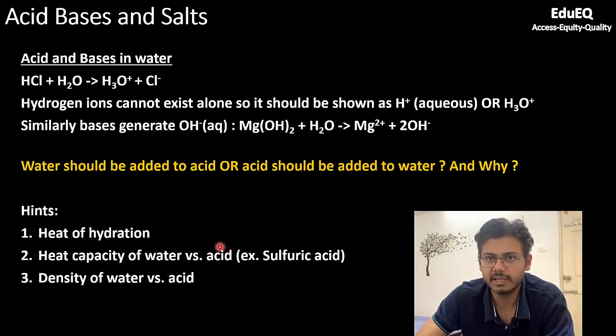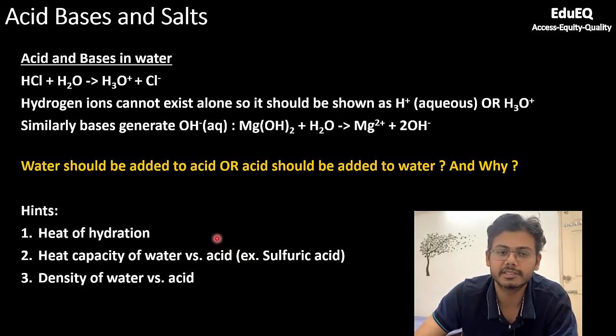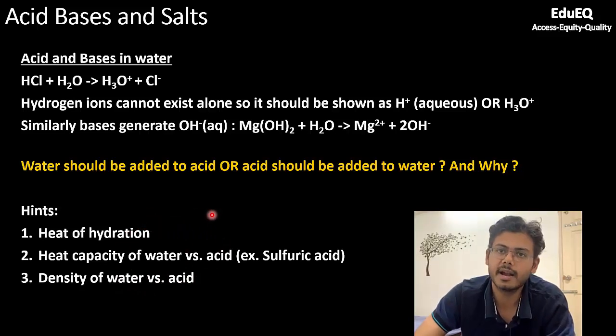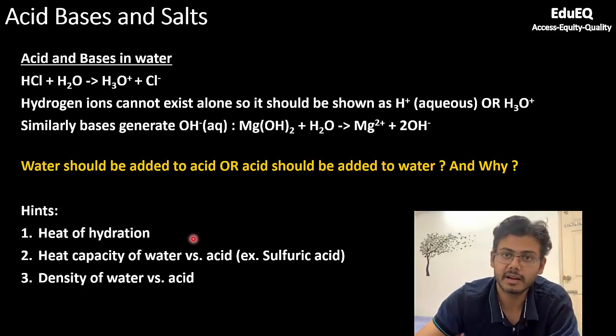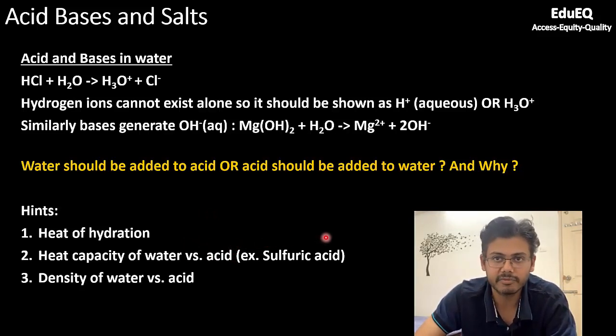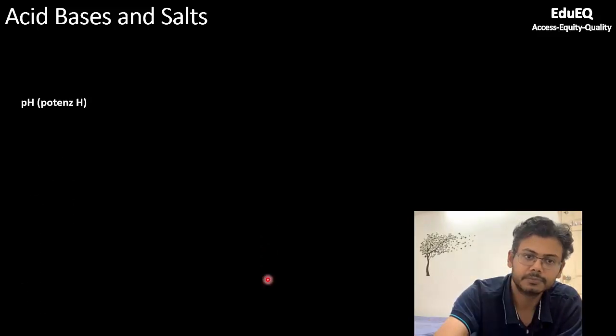Water will absorb this heat and prevent a further runaway reaction. So these are the key factors which justify that you should always add acid slowly into the water and not the other way around. I hope this is clear. If you have any doubts, just mention it in the comments. I'll try to explain it in easier terms if it is still not clear.